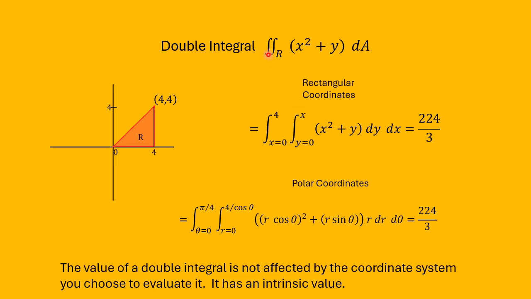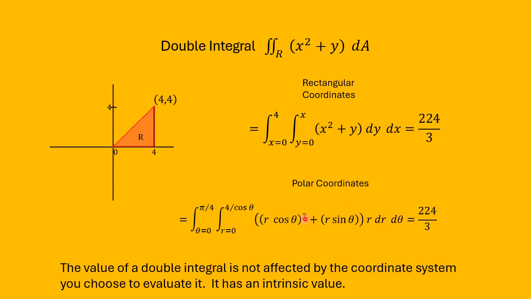We also looked at this same double integral in polar coordinates. When we changed it into an iterated integral, we got this more complicated integral: the integral from theta equals 0 to pi over 4, r equals 0 to 4 over cosine theta, of the quantity r cosine theta, quantity squared, plus r sine theta, times r dr d theta.